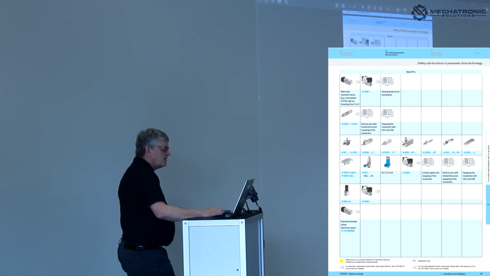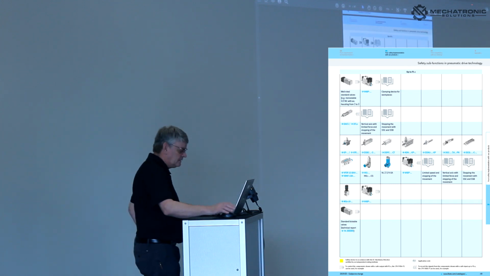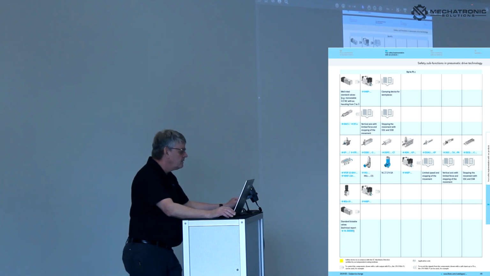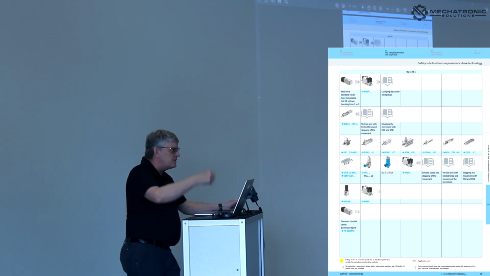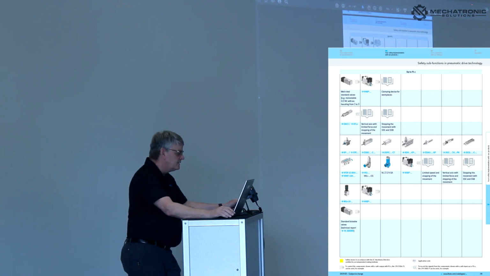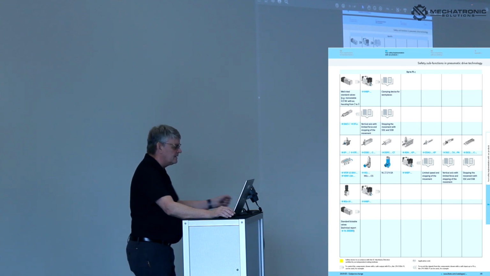Some more PLC stuff. PLC level, performance level C. Actuators down here, we've got rod lock. So there's a rod, there's a little detent in it, it drops down in there. You can have them on the rod end, and some of the series, I think you can get them on the cap end also.